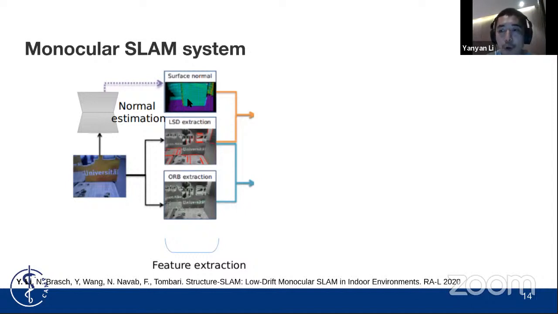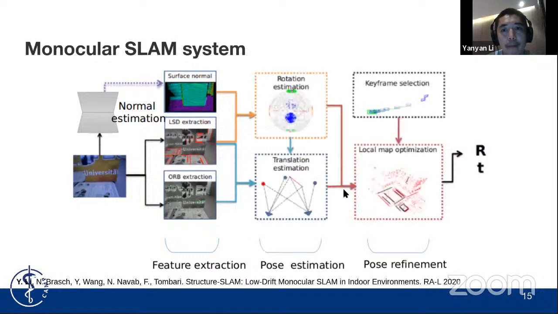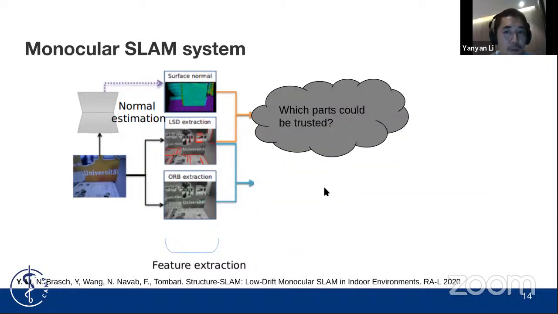But another important problem happens currently: which parts could be trusted. We all know for results from deep learning networks, we cannot use all of them, right? We need to find which information can be used in the system.